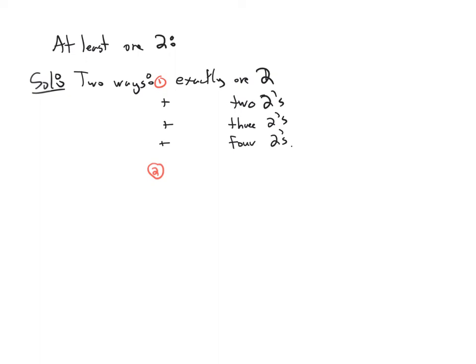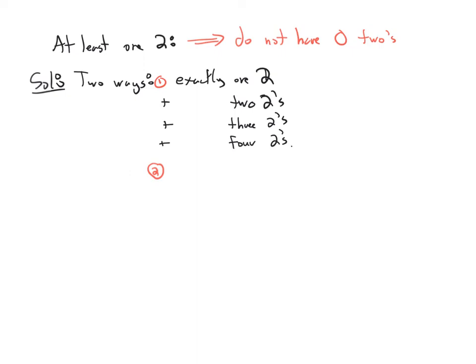So a rewording of this is do not have 0 2s. Which means there's only one thing we need to count. We need to count the 4-digit numbers that have exactly 0 2s and then subtract it from the number of all 4-digit numbers. So that's our second plan. So our counting becomes a little bit easier.